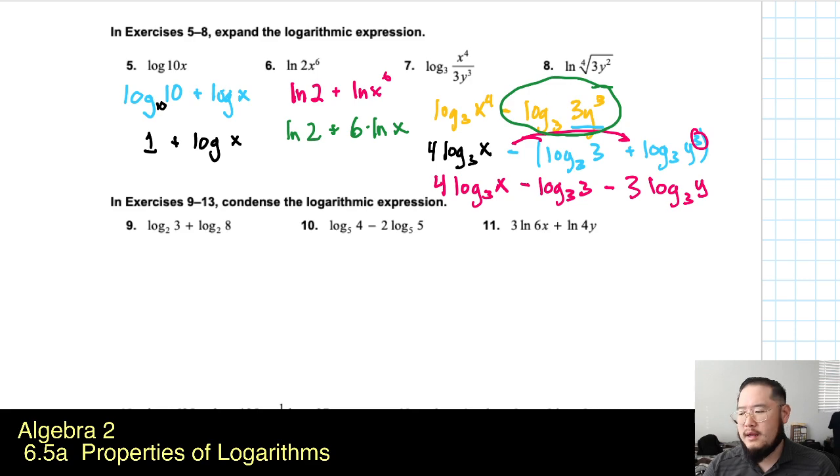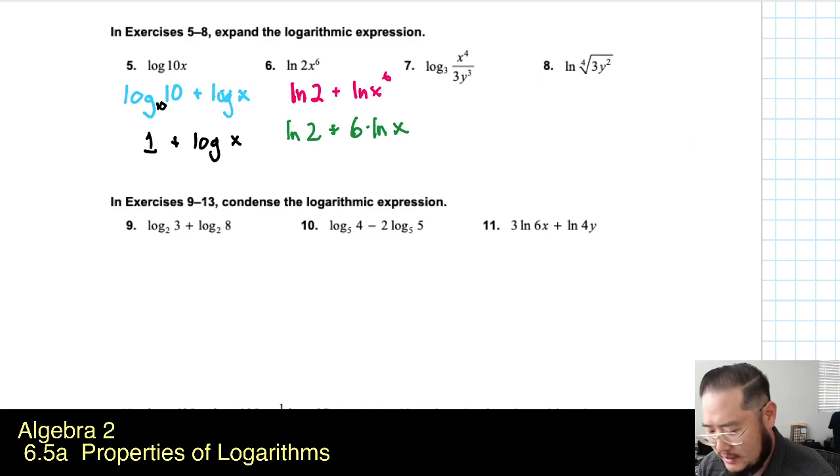And then I went ahead and had to use that power property again for that last little section, that log base 3 of y to the third power. And then I had to make sure that I carry that sign along. So that was like a mega mix of all the different steps combined right there all in one.